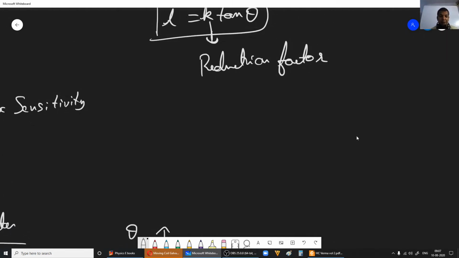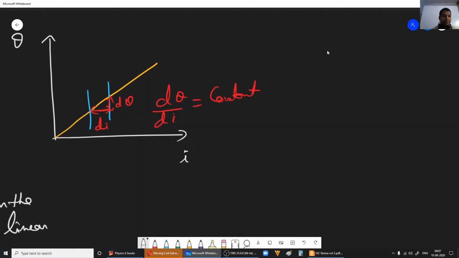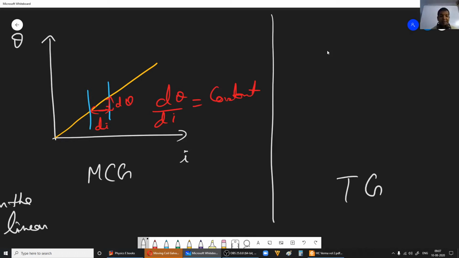Now if you plot this variation, see, this graph is for the moving coil galvanometer. Now if I plot for the tangent galvanometer, TG, I take I and theta, and as I told you, this is how we get the curve.